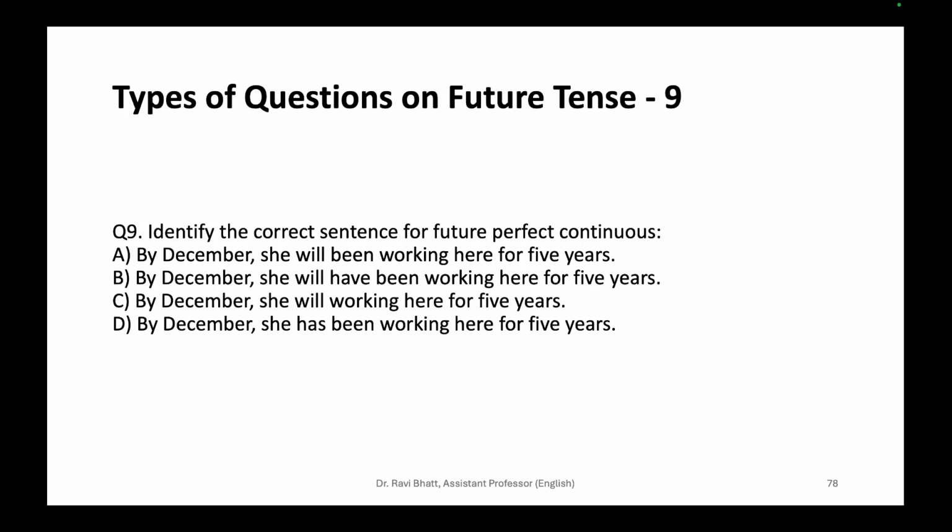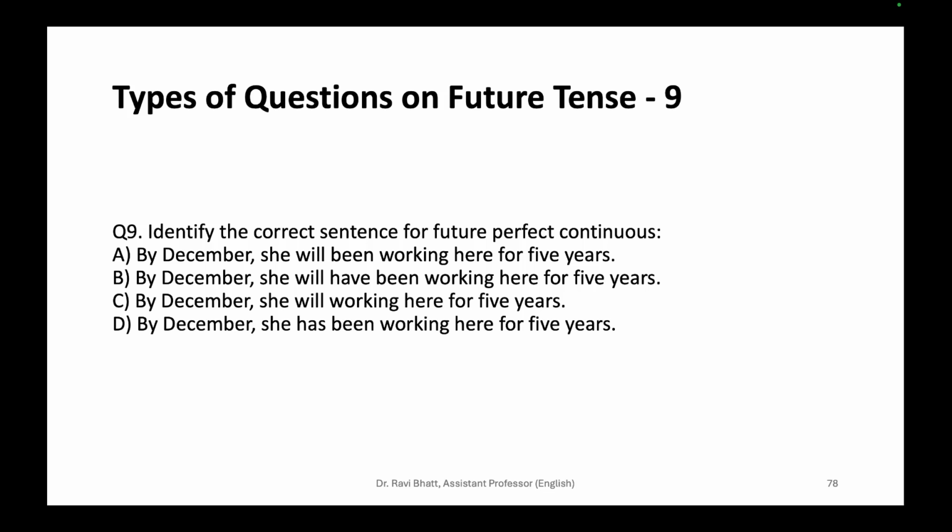A, by December, she will been working here for 5 years. B, by December, she will have been working here for 5 years. C, by December, she will working here for 5 years. Or D, by December, she has been working here for 5 years.